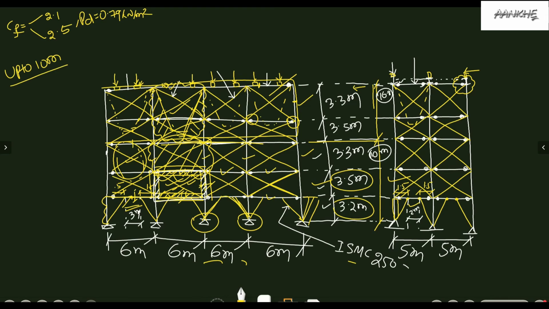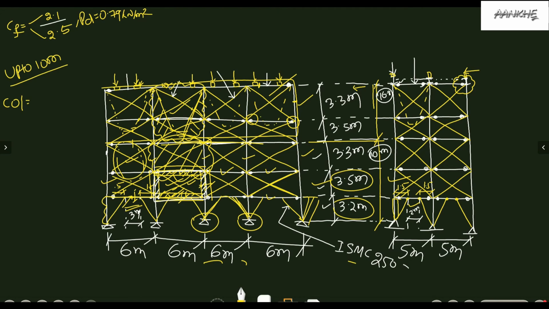If you want, you may write it in your note so that during application of force you will not face any issue. First, let us take the structural column. Our CF will be how much? Up to 10 meter we will be using the value 2.1.